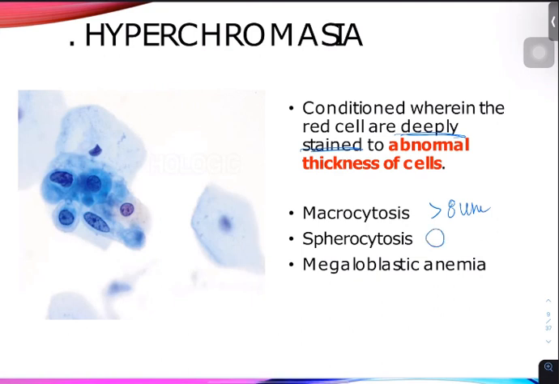Sobrang bilog niya at darkly stained. Wala siyang central pallor. That's your spherocytosis. Then megaloblastic anemia also causes hyperchromasia. May mga anemia tayo na nagko-cause ng hyperchromasia, not only the decrease of hemoglobin content. As you can see in the picture on the right, you cannot identify the RBC there. You can only identify immature cells.